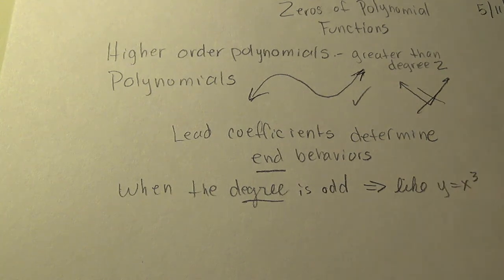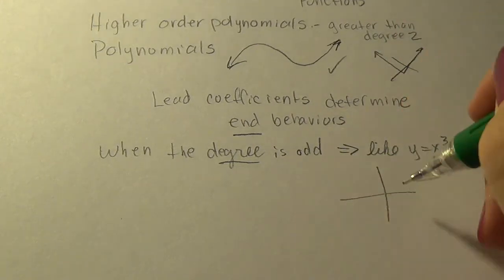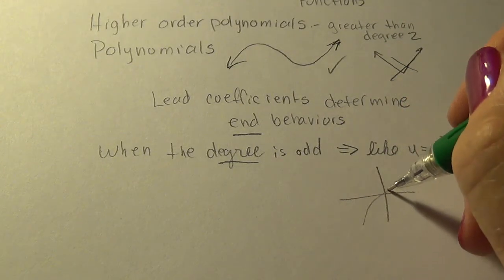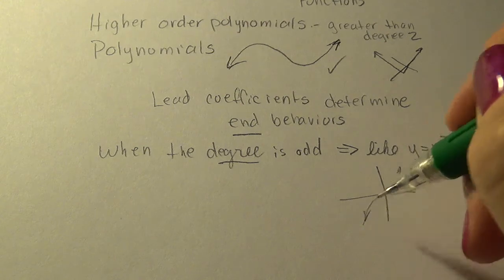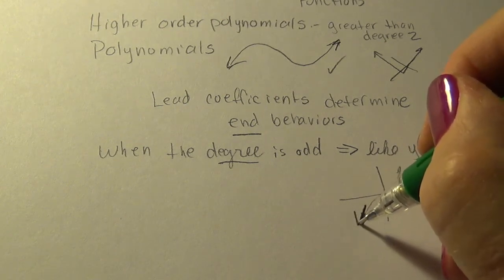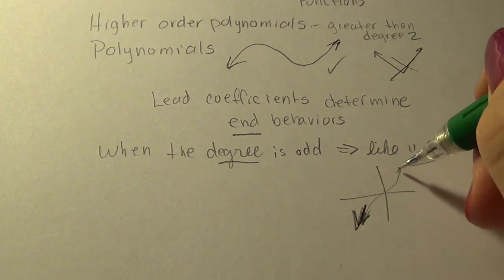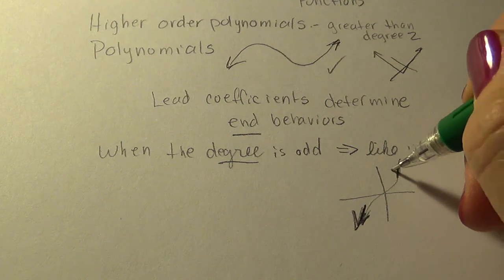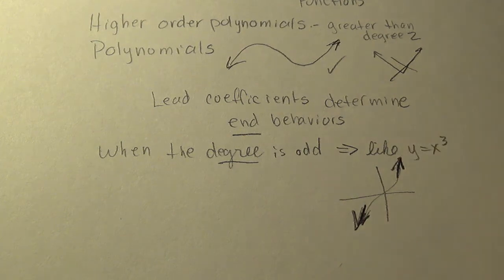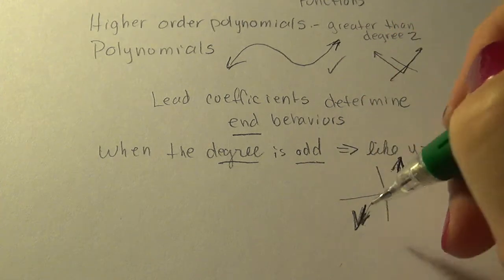So we've studied y equals x cubed, and you'll recall that here's y equals x cubed. The part we're looking at is the end of it. So when we get on this side it's going way down, and when we get on this side it's going way up. So every odd function is going to act like that on its ends.